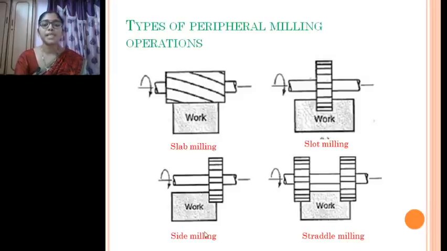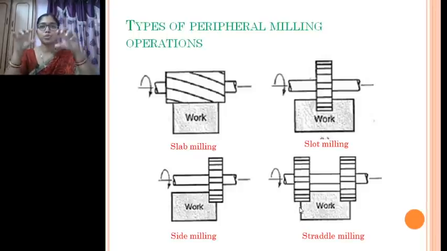That is, if two cutters are placed on one holder, one spindle, then it is called a straddle milling operation. If there are more than two, it is called a gang milling operation.